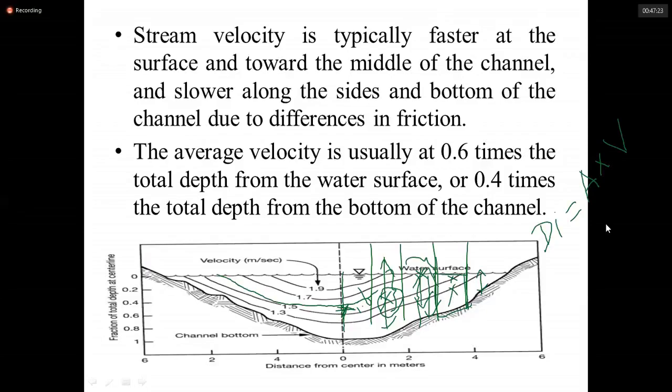It's somewhere 0.6 times from the surface. So, rather than taking so many values for velocity, we can measure the total depth and calculate how much distance from the top is 0.6 times. Then calculate the depth and we have to take the velocity value at that point and we can take it as an average velocity.